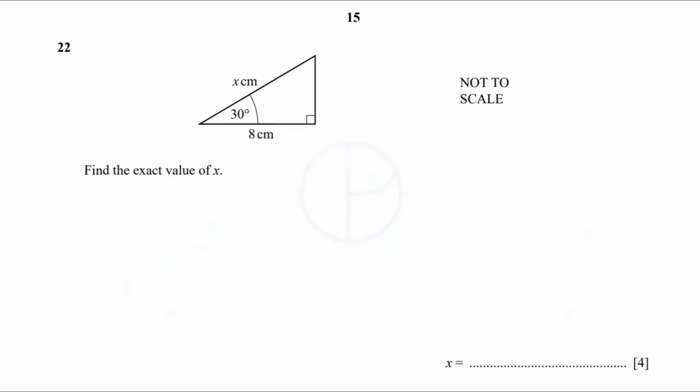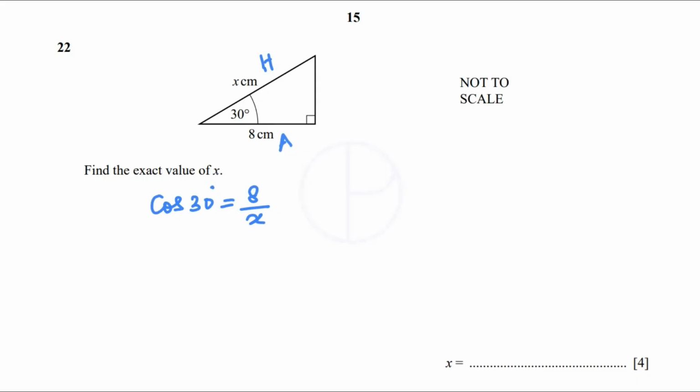The next question is find the exact value of x. Here an angle is given and two sides are given, and x is the hypotenuse and 8 is the adjacent. So adjacent and hypotenuse are given. So cos 30 is adjacent over hypotenuse, that is 8 over x.